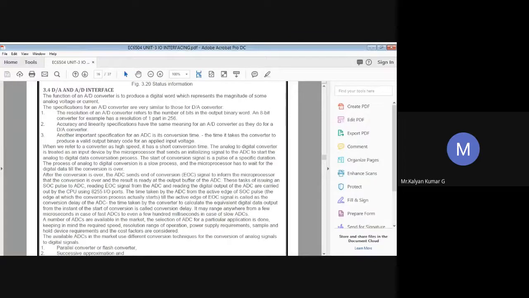Successive approximation or flash type. Whereas if accuracy is your main parameter, then integrating type converters are the main choice.